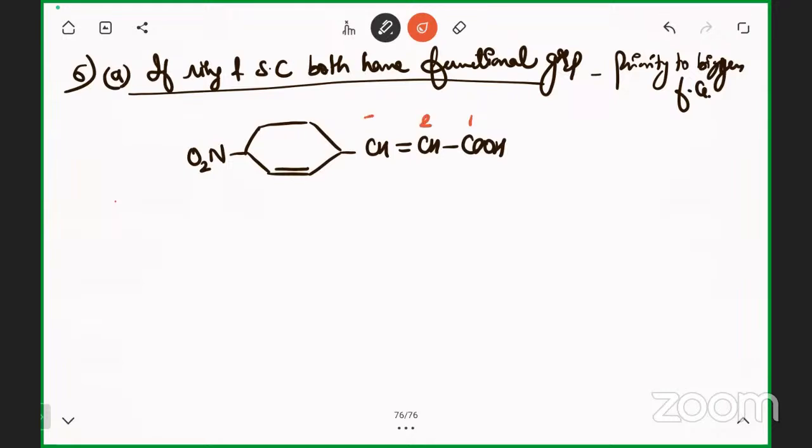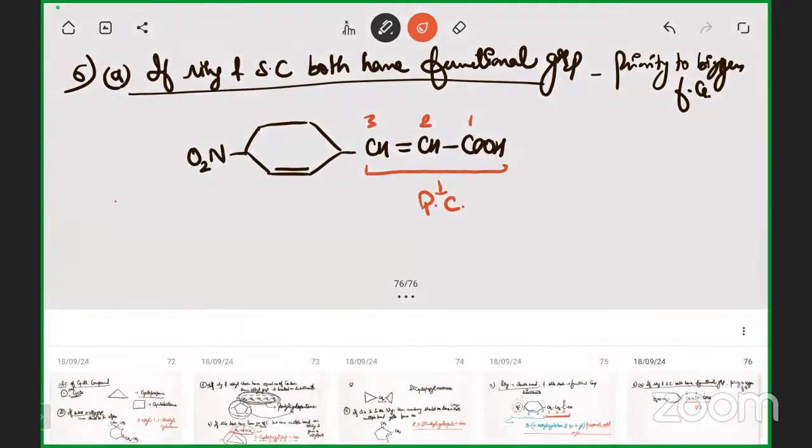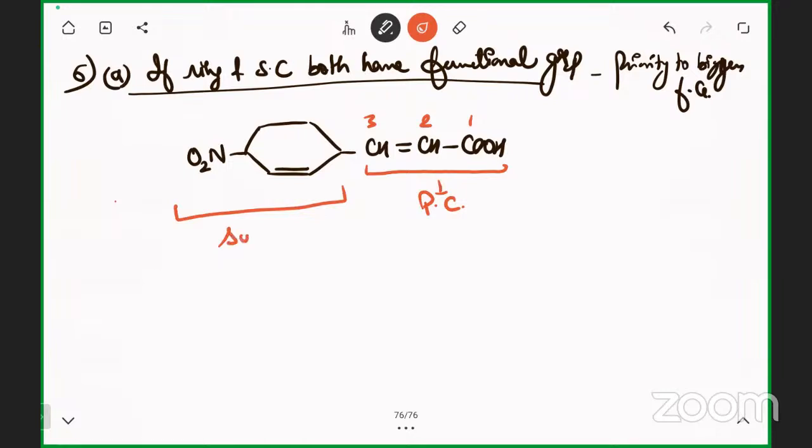1, 2, 3. So this is considered as the parent chain. And this will be considered as substituent. So you'll start doing the numbering from this side. 1, 2, 3, 4.